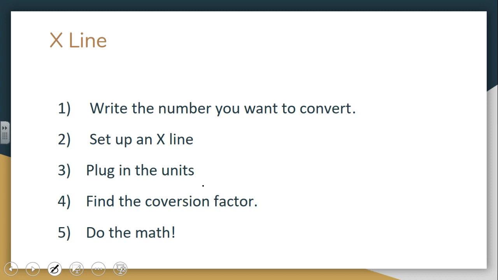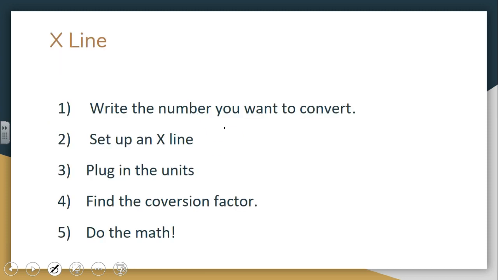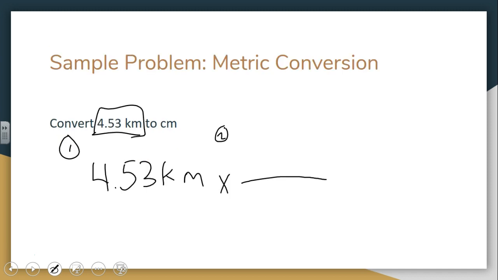Okay, and then the second thing says set up an X line. An X line is just a funny way of saying multiply by some sort of conversion factor. So that right there is step number 2, X line. Then it says plug in the units.